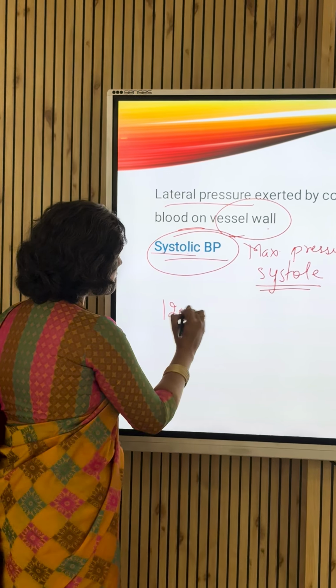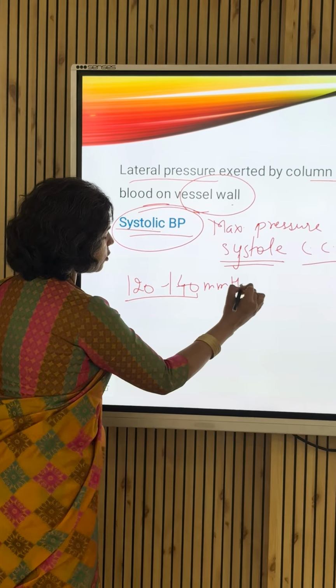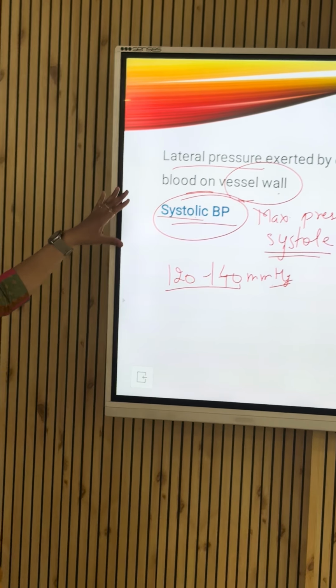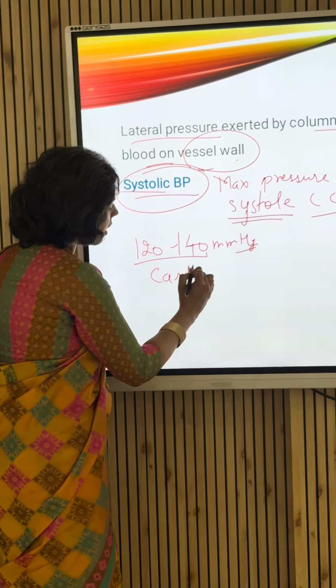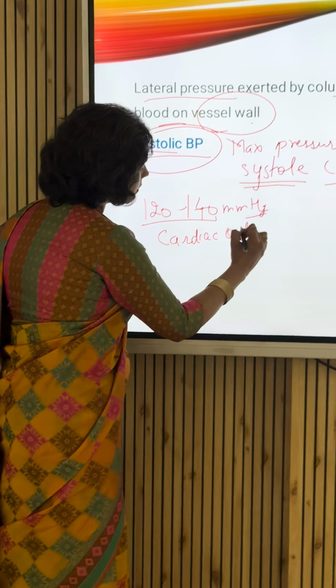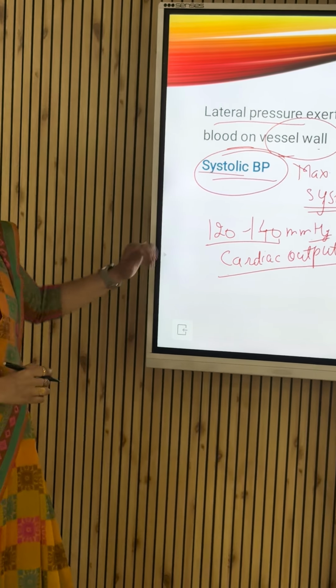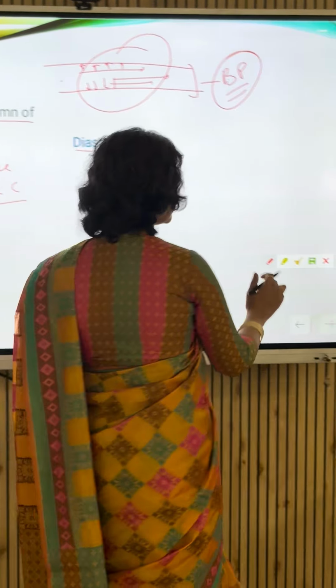The normal value is around 120 to 140 mmHg. This systolic blood pressure is mainly determined by cardiac output. It's a major determinant.